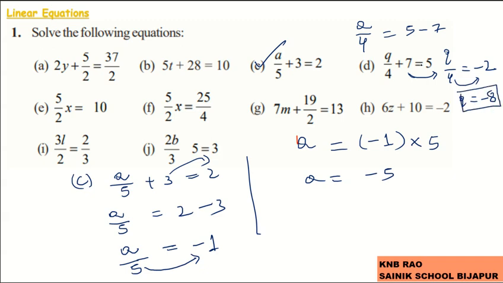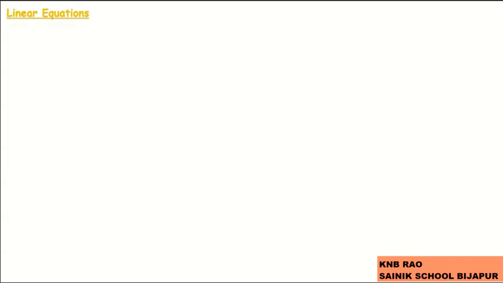Now let us solve question number E, where 5 by 2 x equals 10. Here what is the meaning of 5 by 2 x? It is nothing but 5 is a multiplicand to x, and to this 2 is the divisor.